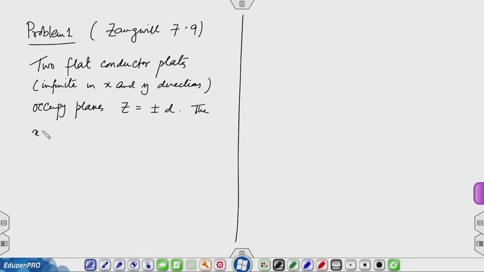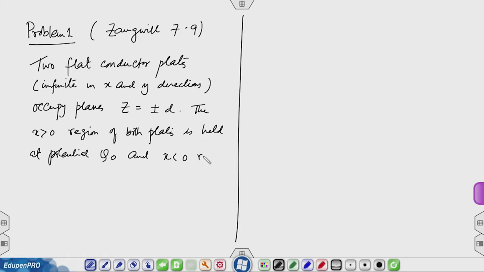The x greater than 0 region of both plates is held at potential phi 0, and x less than 0 region at potential minus phi 0.